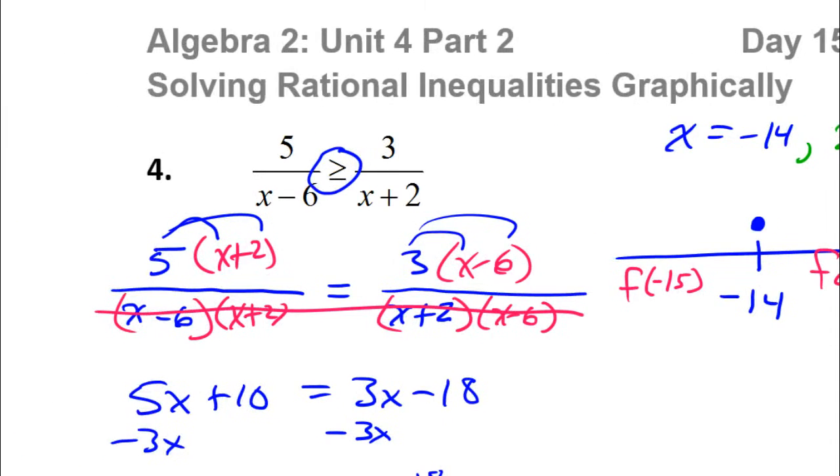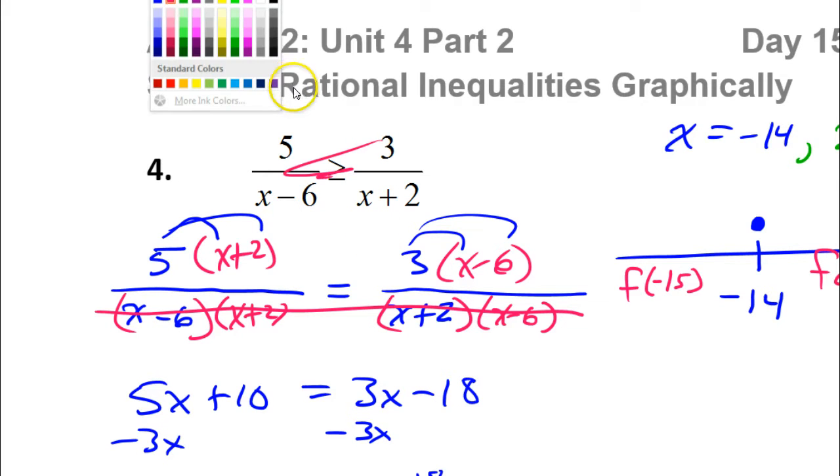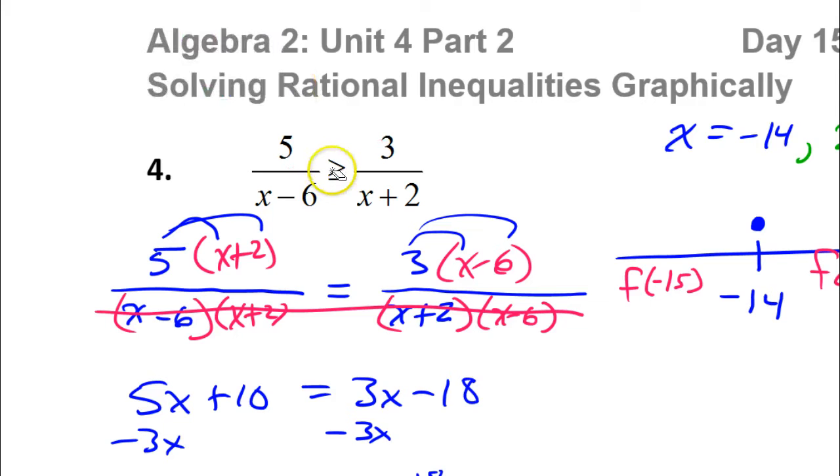Now in my calculator, anybody that was absent yesterday especially, this problem is slightly different, so please pay careful attention. In all the other problems, I could just put the left side of the inequality in my calculator because I had a number over here, usually 0, not always.